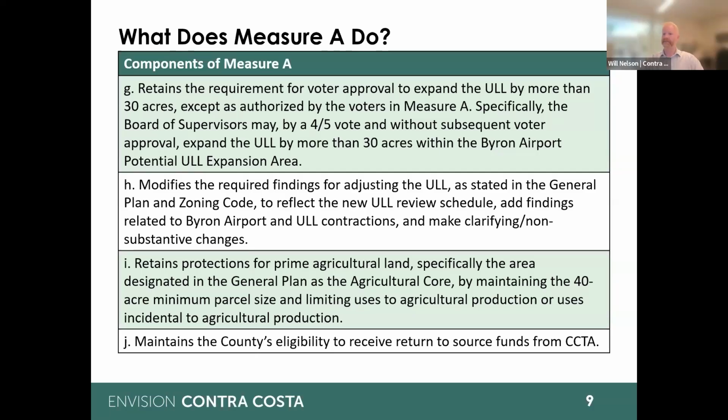So we added those. The ballot measure continues the protections for prime agricultural land in the county, specifically the area between Brentwood and Discovery Bay, known as the agricultural core, retains the 40-acre minimum lot size there, and maintains the county's eligibility to receive those return-to-source funds from CCTA.